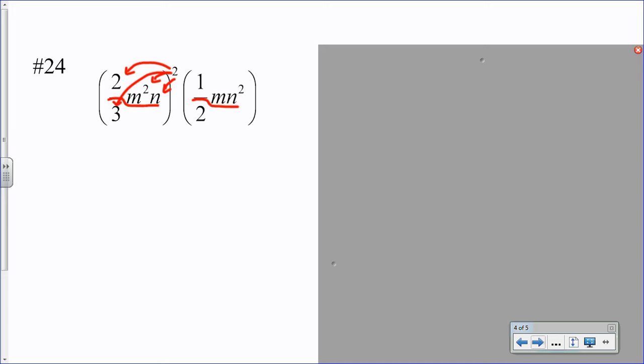Correct. You can look at it as 2/3, but you have to keep it in parentheses when you do that to make sure the 2 goes to the 2 and the 3. So I think it's just easier to, from the beginning, look at it as 2m squared n over 3.